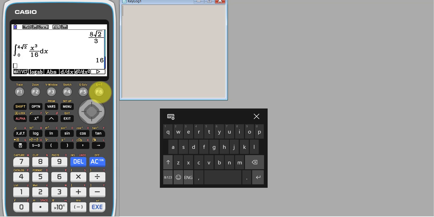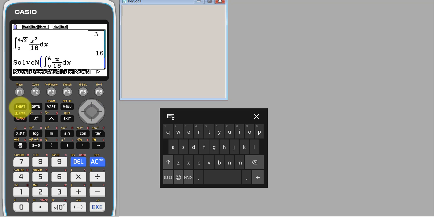I go to options, calculate, solve, and I'm going to solve the integral of x over 16 dx. Oh, no, I'm going to use a here still, from a to 0, and I'll use an a there, and then I'm going to solve that.